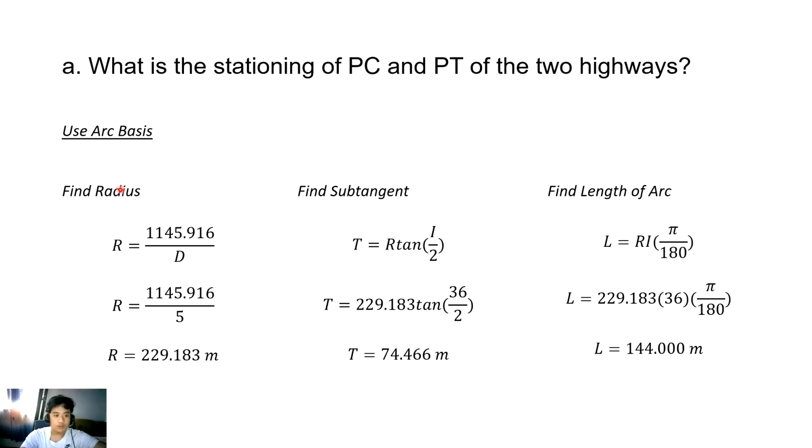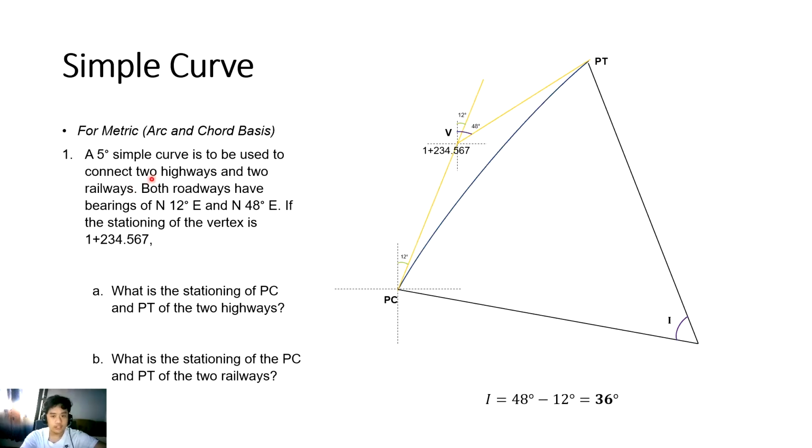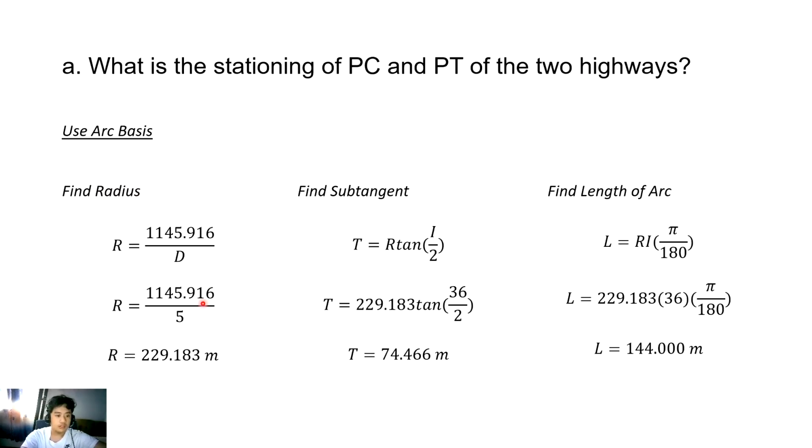To get the radius, we use the formula 1145.916 over the degree of the curve, or D. In the given problem, the degree of the curve is 5 degrees. So we just substitute, then we get 229.183 meters.